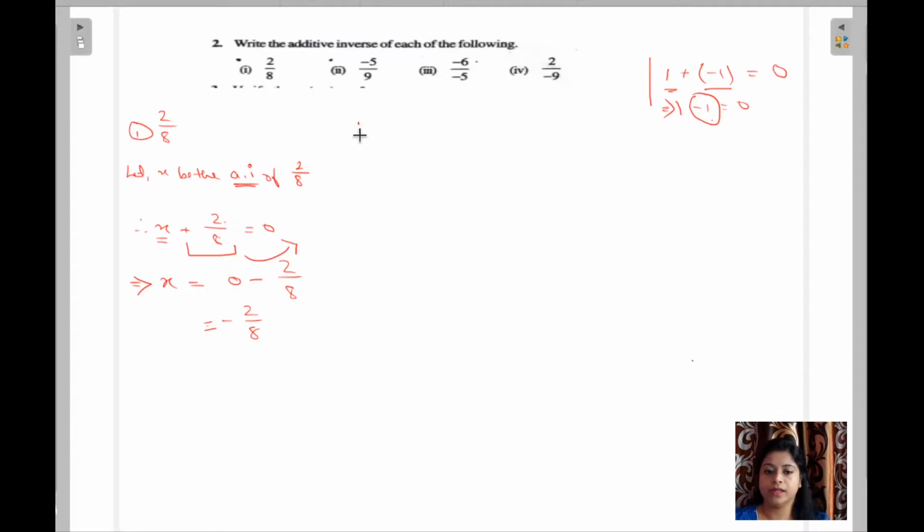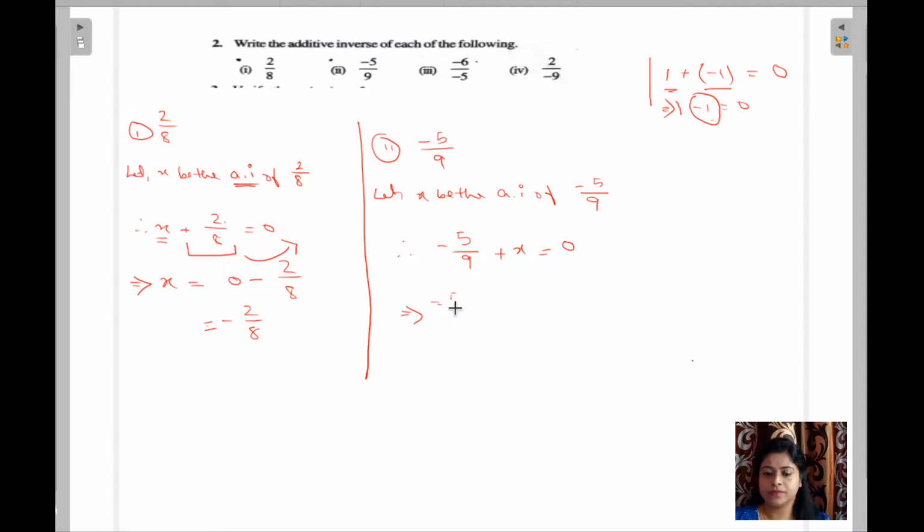Okay. So now number 2, minus 5 by 9. Again same process, let x be the additive inverse of minus 5 by 9. So therefore minus 5 by 9 plus x equals to 0. Now we have to take out the value of x.